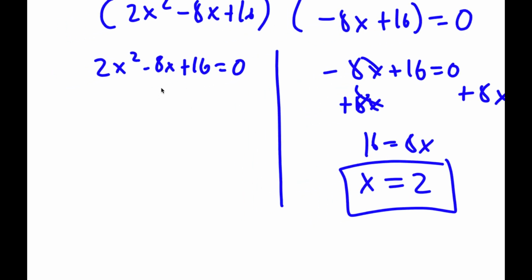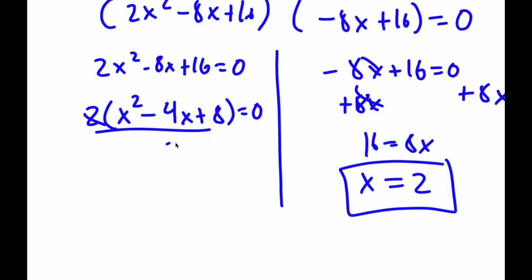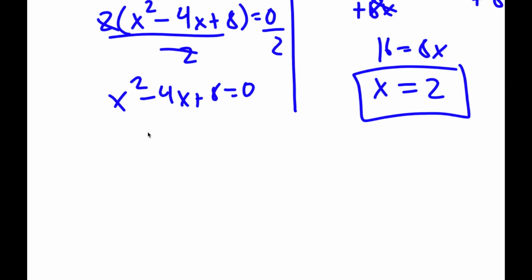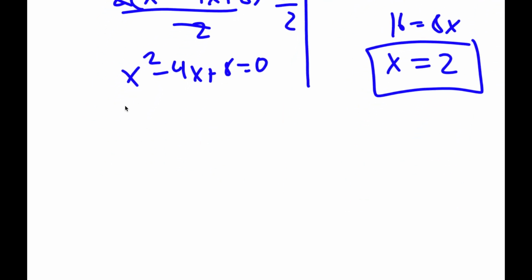Now for 2x squared minus 8x plus 16, you can first start by factoring out 2. So I get 2 times (x squared minus 4x plus 8), which is equal to 0. Now I can just take out this 2 by dividing both sides by 2. So now I have x squared minus 4x plus 8 is equal to 0. So to solve this, I'm going to use the quadratic formula.